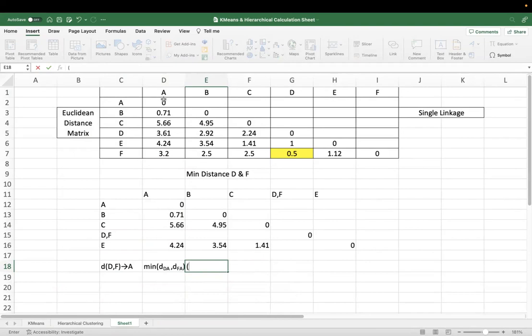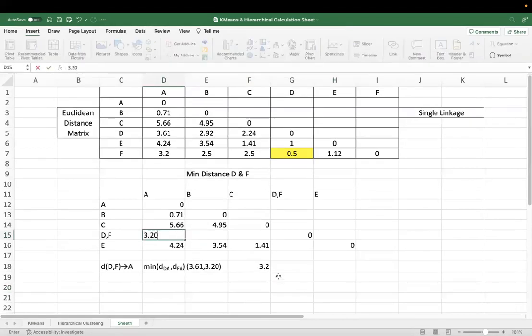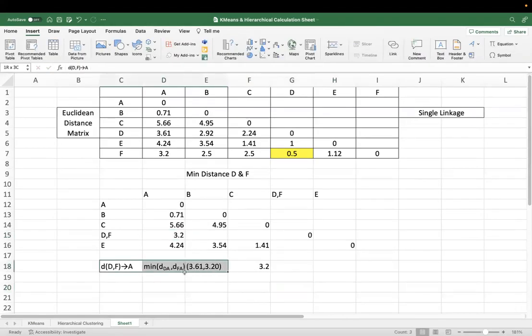DA is 3.61, FA is 3.20. What is the minimum value? 3.20. So you will put 3.20 here.